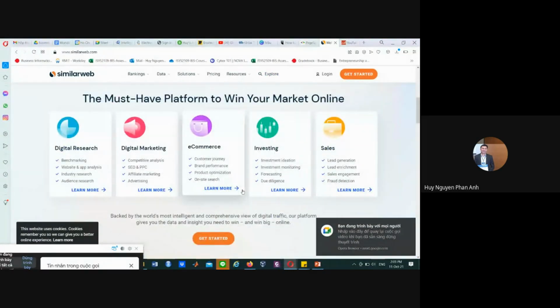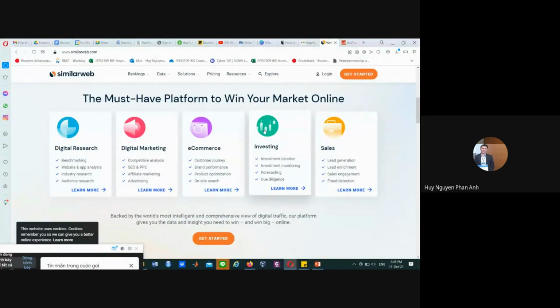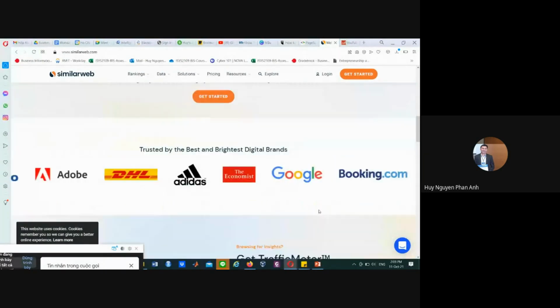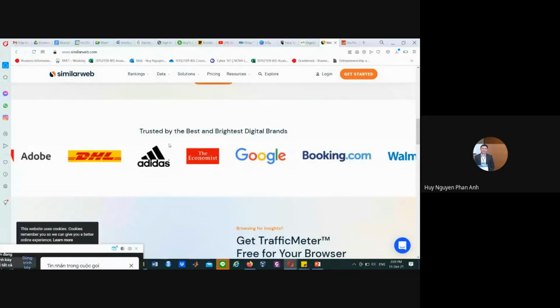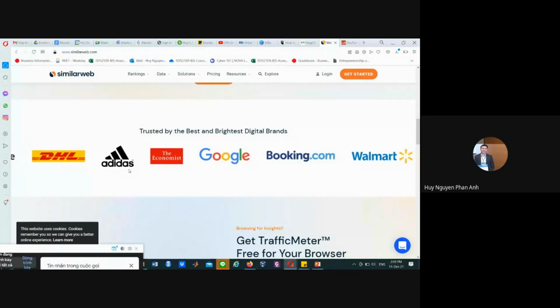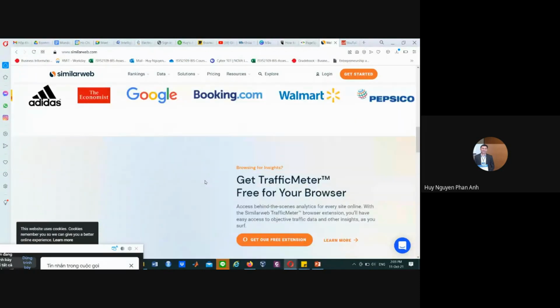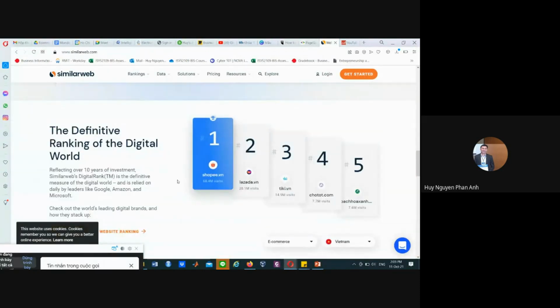This is a must-have platform when you conduct marketing online. They can support market research, digital marketing, e-commerce, sales, and it's trusted by many big companies. You can see here, SimilarWeb.